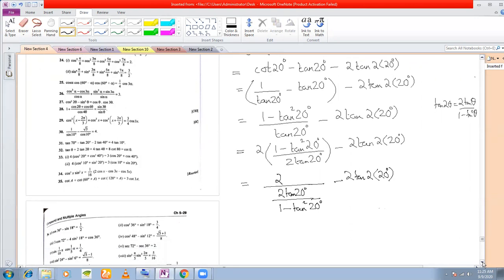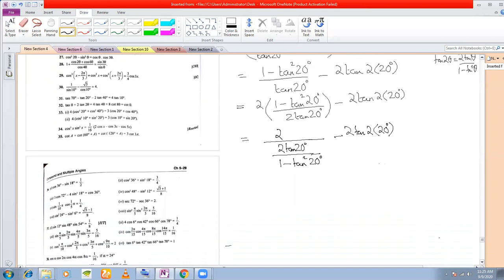So what you get here, 2 divided by tan 40, isn't it? Because tan 2 theta is of the form 2 tan theta by 1 minus tan square theta. So this is double of 20, which is 40, minus 2 tan 40. Okay, so you're getting 40 here, no problem, because both we are getting as 40.